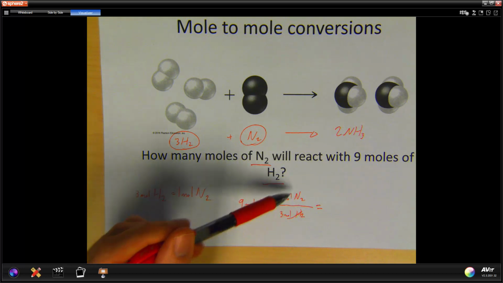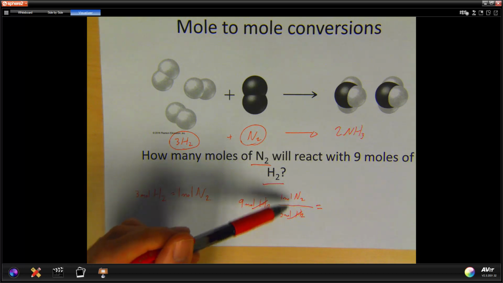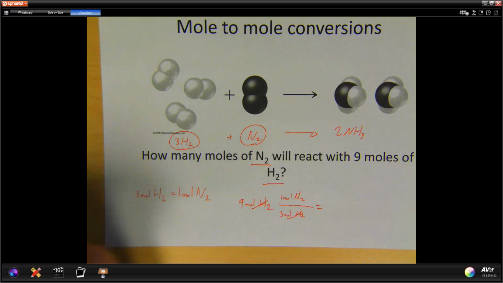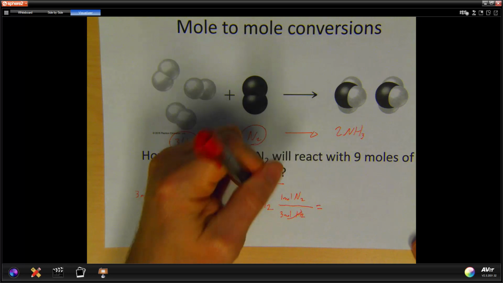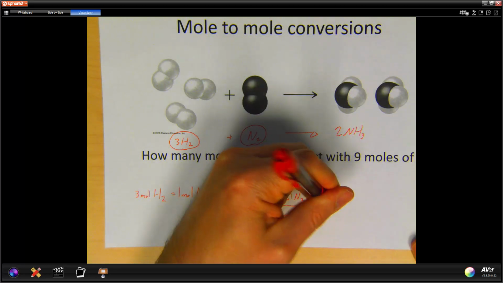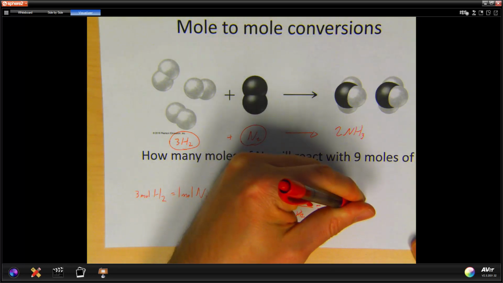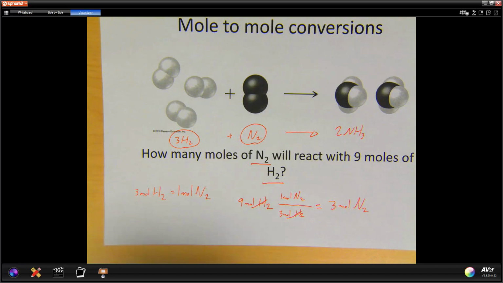And if we weren't clear here, it would be very easy to get confused with this conversion factor. So make sure you are writing H2, N2 in addition to the word mole. When we do the math, you have 9 divided by 3, so you get 3 moles of N2. Okay, so that is how we do that.